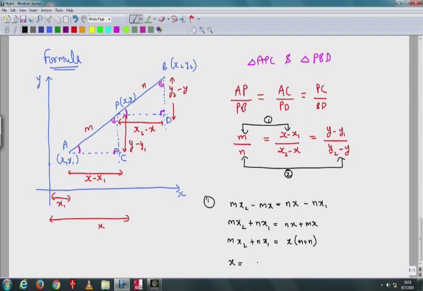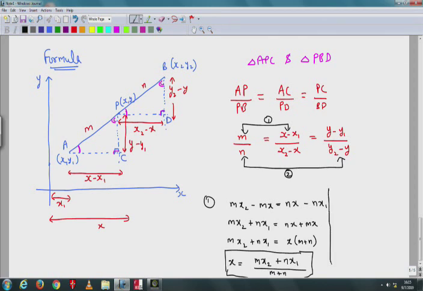So x is equal to mx2 plus nx1 over m plus n. This is the coordinate of x, or you can say the coordinate of the point P. This is the first formula.